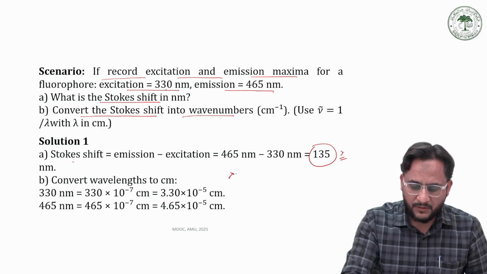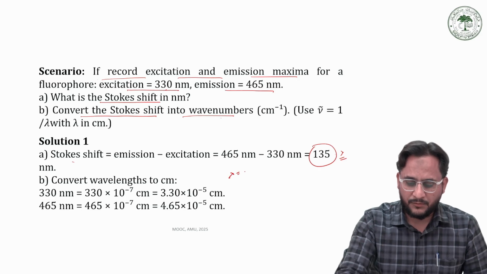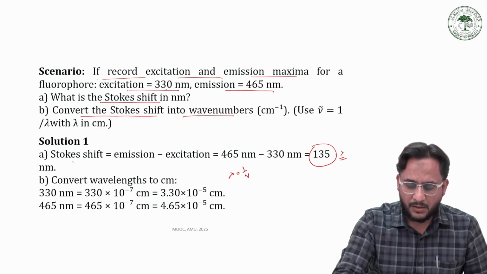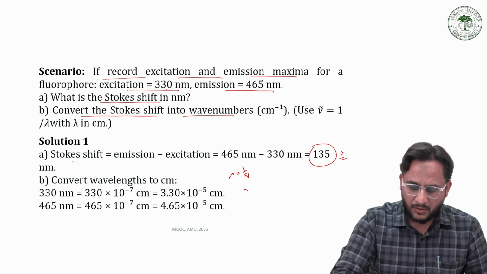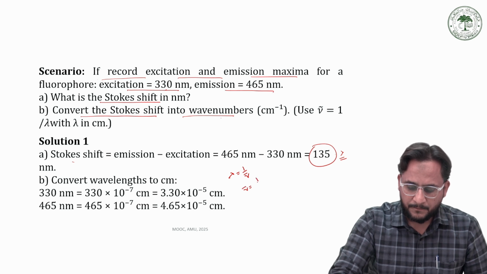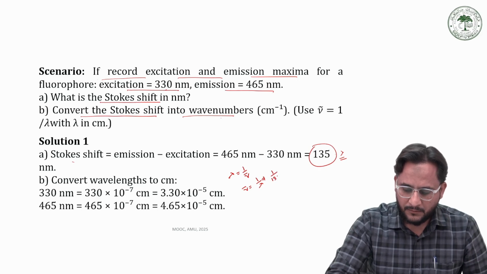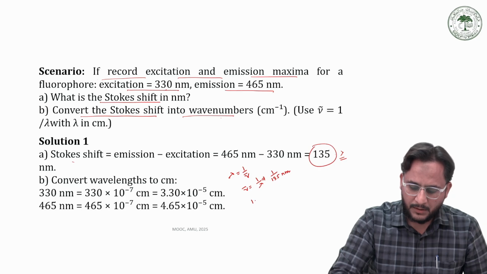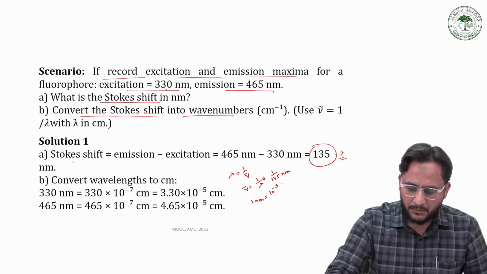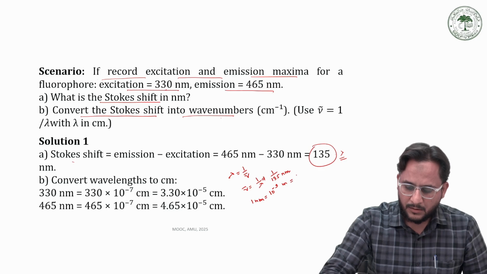Now in the second part, we have been asked to convert this into wave number, and as we all know, wavelength and wave number are reciprocals of each other. Nu bar is the wave number, and to calculate nu bar, it is equal to 1 upon lambda. So in this case it is 1 upon 135 nanometers, and we know that 1 nanometer is equal to 10 raised to the power minus 9 meters, or 10 raised to the power minus 7 centimeters.